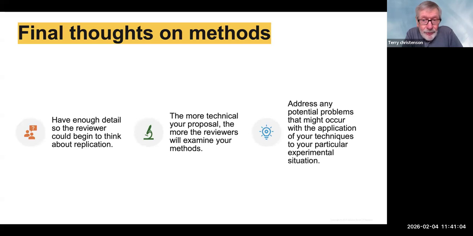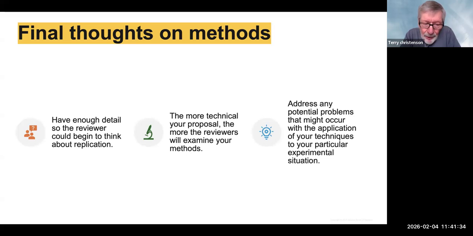Make sure that you are addressing potential problems that might occur. Now, NSF asks you to do this. I think you should be doing this for any agency. Make sure that you are talking about potential problems that might exist, because the more technically complex the work that you're proposing, I'll guarantee that there's going to be somebody on that panel who knows something about those methods and is going to ask you about how those methods are being applied in your particular context.